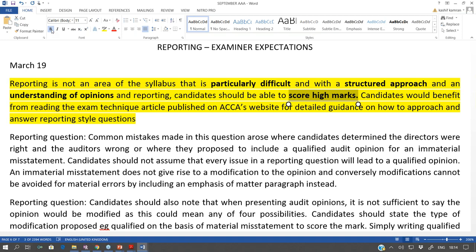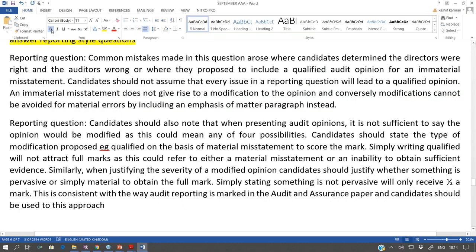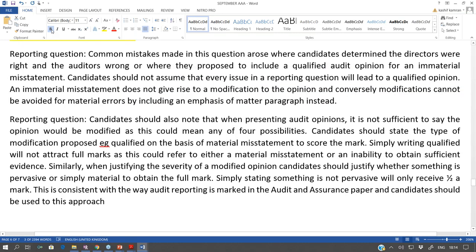Okay, the next comment of the examiner is a more interesting comment. If you look at the next paragraph, it says, common mistakes made in this question arose where candidates determined that directors were right and the auditors were wrong. Is that right? In a question on risk, in a question on reporting, is that the right perception?